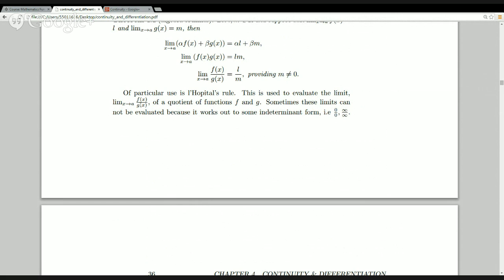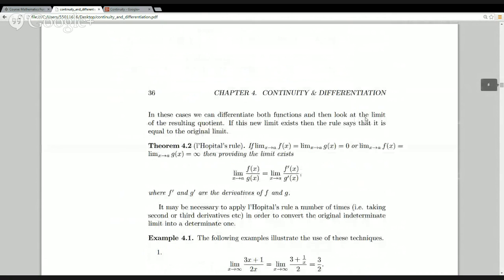The quotient of the functions could still be a convergent quotient. It could have any particular limit, or it might be a divergent quotient. You can't tell just by observing what the limit of the numerator is and what the limit of the denominator is. So if you reach a form like this, you can't really draw any conclusion about what the limit is.